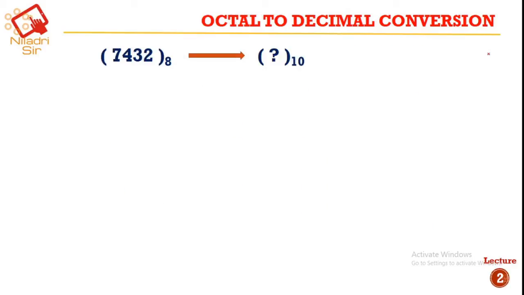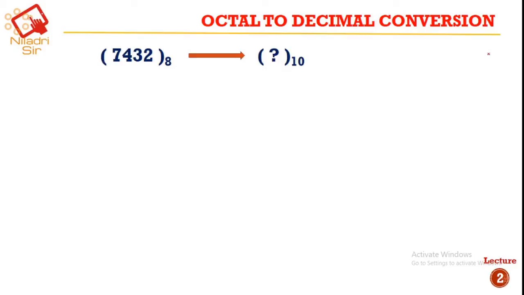Next, do octal to decimal. In case of binary to decimal, we first make the index values 0, 1, 2, 3 for the left-hand side of the decimal point, and for the right-hand side we use -1, -2, and so on.